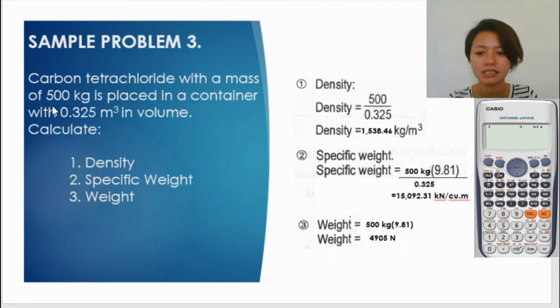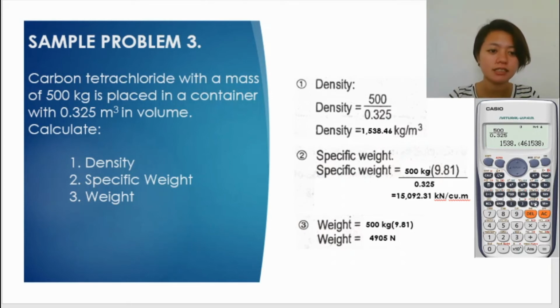Given mass 500 kilograms over volume 0.325. So, 500 divided by 0.325, we have 1,538.46 kilograms per meter cube. So that's for number 1.